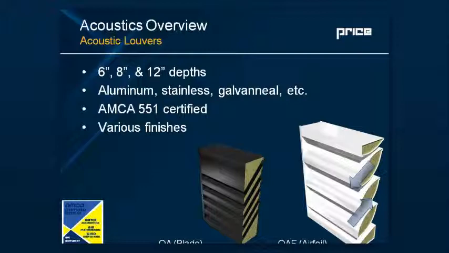feet per minute. These typically come in a variety of materials and finishes, and it's important to make sure that they're AMCA certified because this allows for an industry standard and accepted way of comparing the performance. Otherwise, what you see a lot of times is manufacturers will tell you what the noise reduction is.